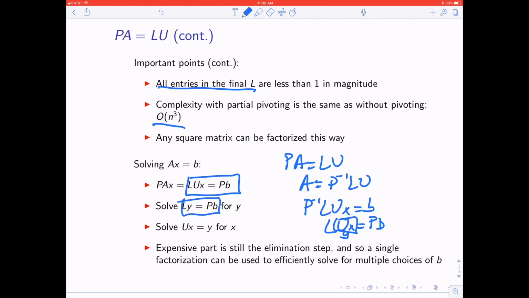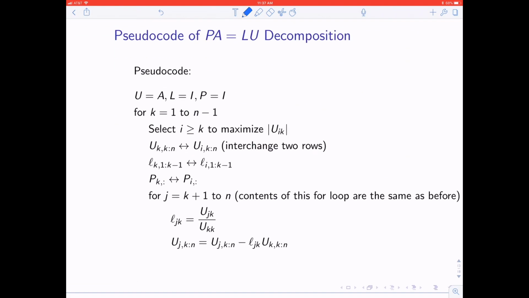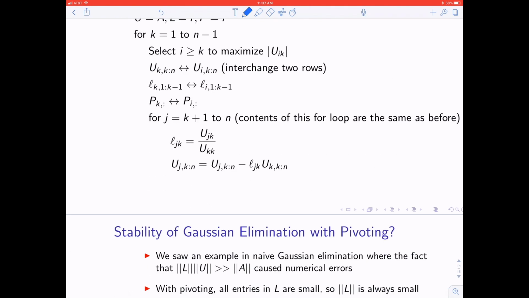And then you go back and use that definition and solve Ux equals y for x. The expensive part is still the elimination step, which is n cubed. But then you can use that single factorization over and over again to solve for different choices of B. Here's some pseudocode for how PA equals LU works. I won't go through all the steps, but this might be a useful reference for you.